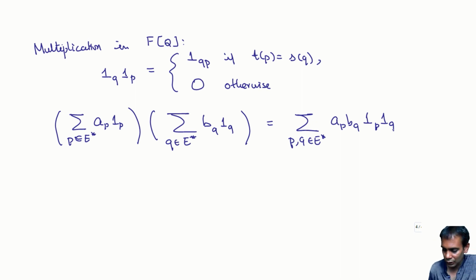So this is the definition of multiplication in the path algebra of a quiver.